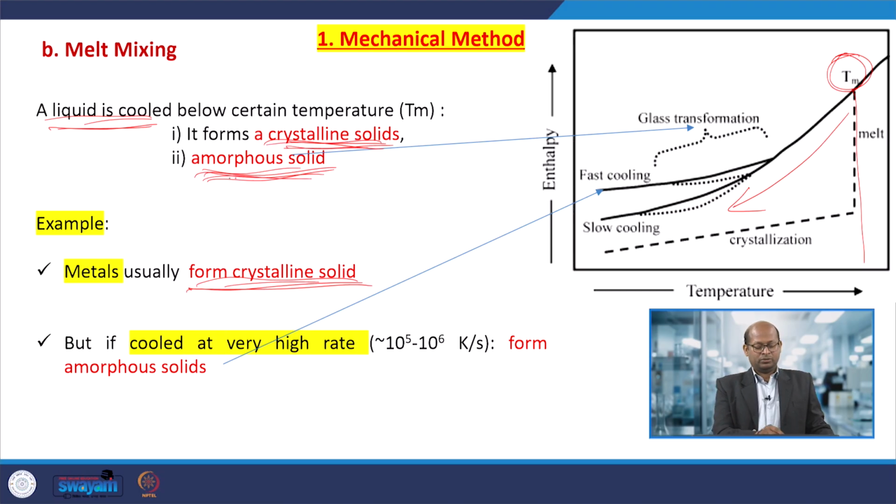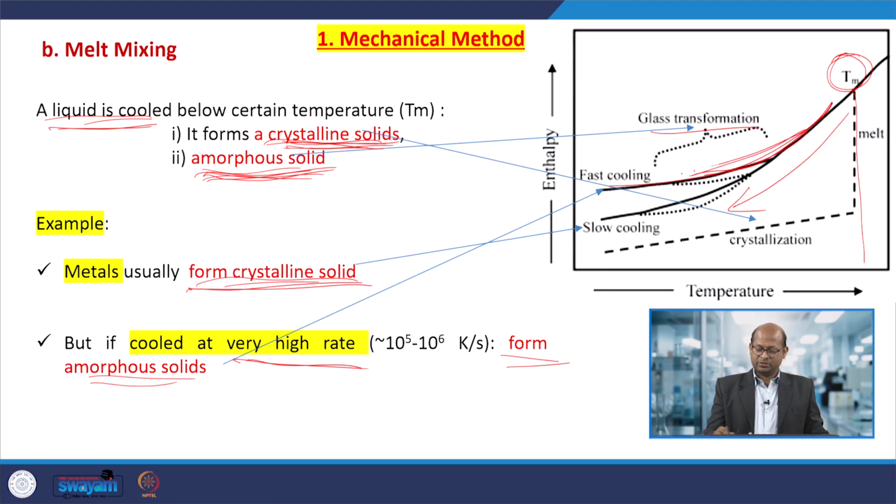Okay. So either we can prepare amorphous types or crystalline types. If we cool down the liquid very fast, so with a high rate of cooling, then it forms amorphous solids. Okay. Or that is called glass transformation within those regions. It is fast cooling. So when cooling is fast, then glass transformation or amorphous material formation occurs.